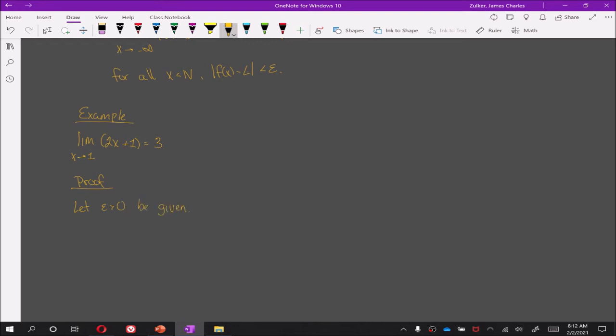What we want to show is that there exists a delta larger than 0 such that the absolute value of x minus 1 less than delta implies that the absolute value of 2x plus 1 minus 3 is less than epsilon.